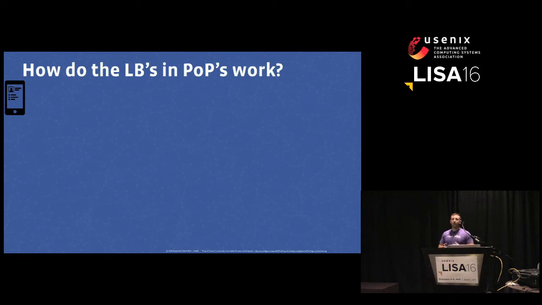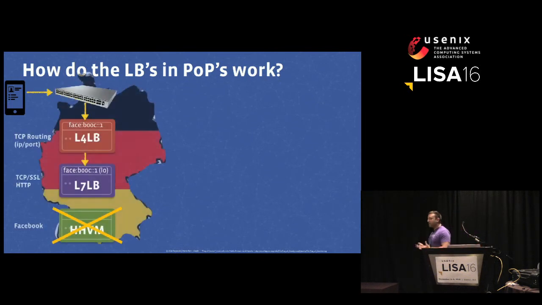We've already seen what it looks like in one of our front-end clusters. Fortunately, it's the exact same stack. We have the request coming into one of our routers. It gets ECMP'd to an L4 load balancer, and it gets terminated by an L7 load balancer. The only difference between this and our data centers is we don't have any of the HHVM servers.